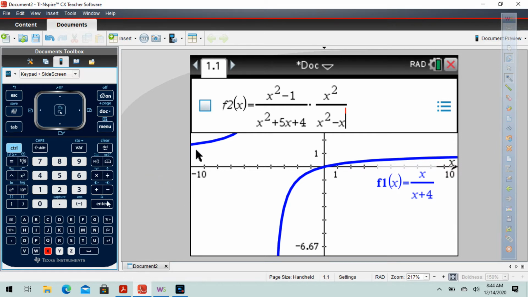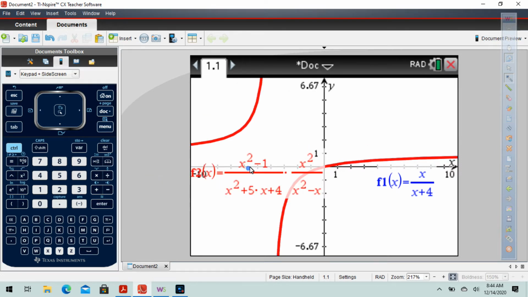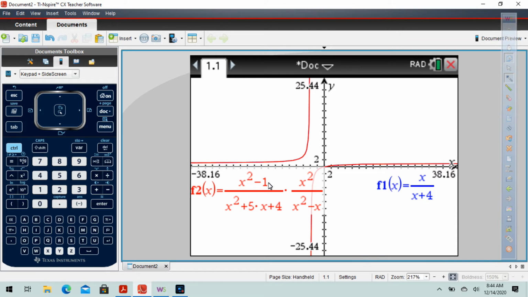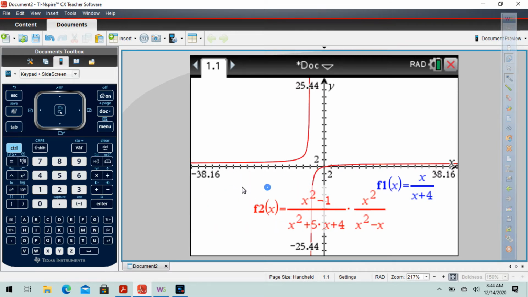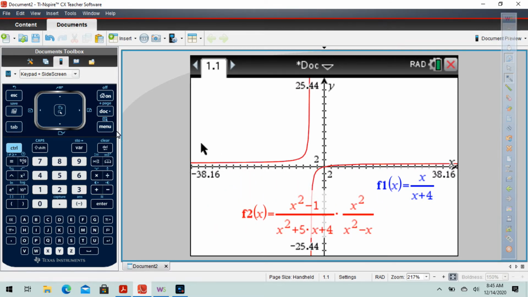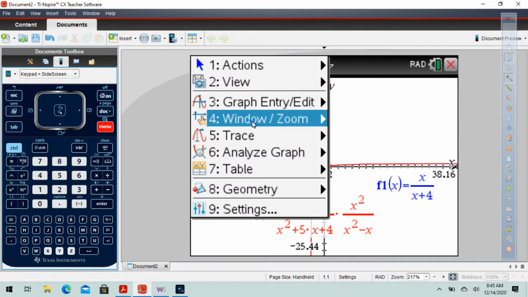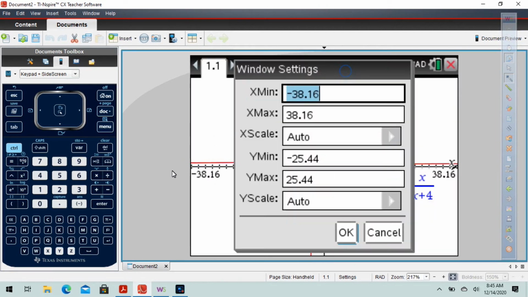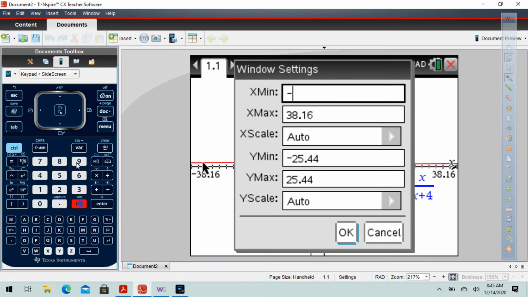All right, see how they land right on top of each other? Oh, I didn't mean to do that. And let's make this negative 6 and 6.